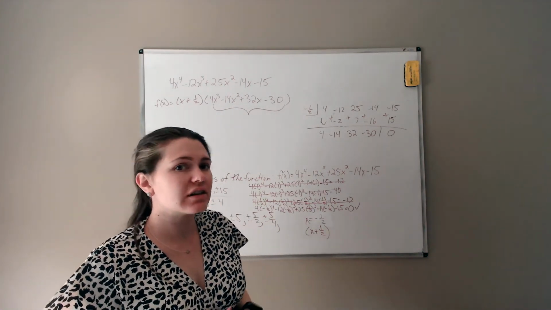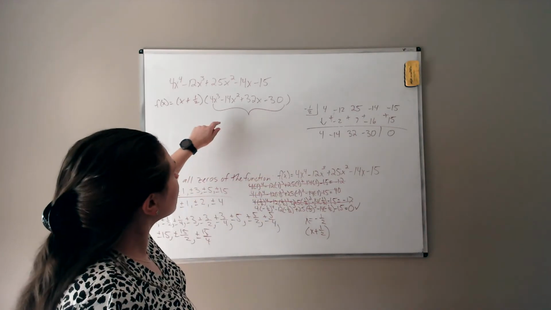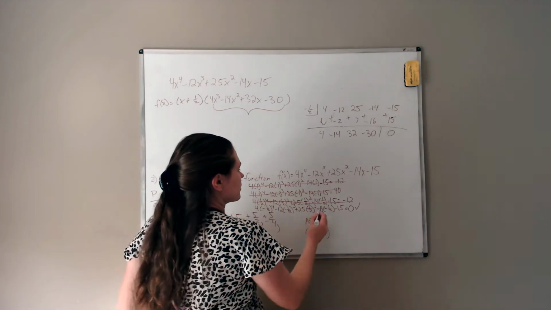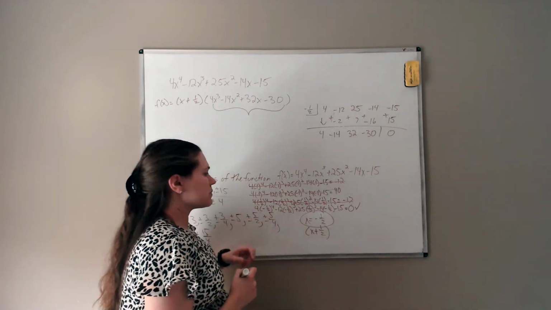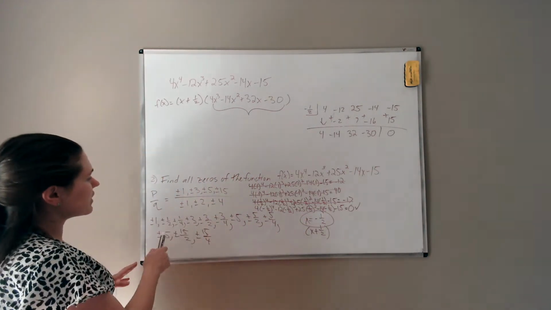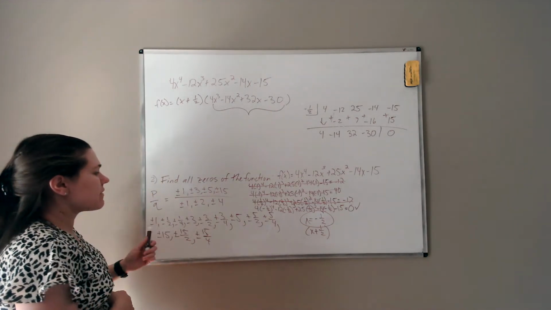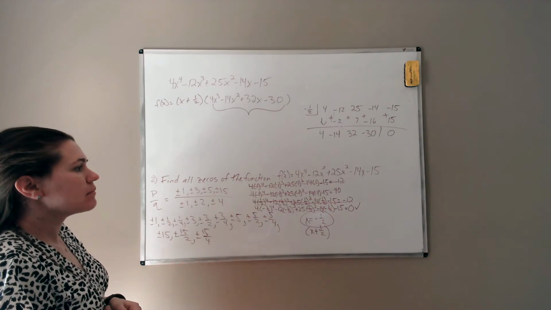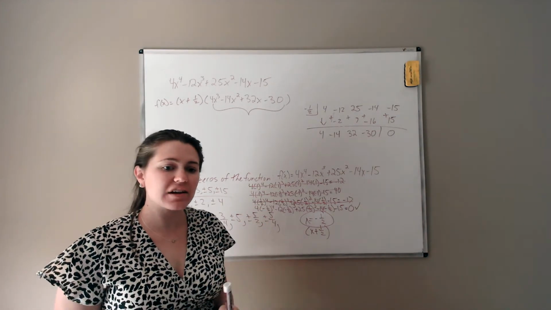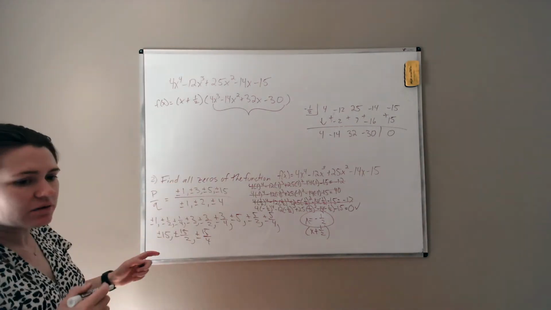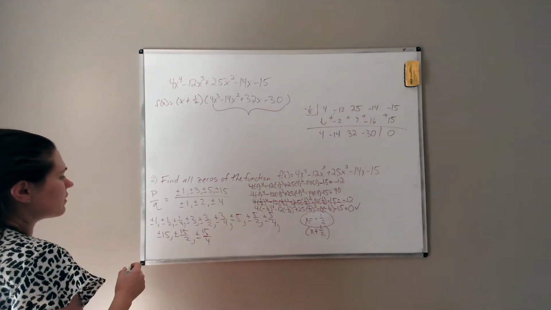So I have one of my answers, but what this means is I'm going to have to go back through this list and see if any of them make the output 0. Otherwise, I can't find any more solutions. So I'm going to go through my list and keep going.